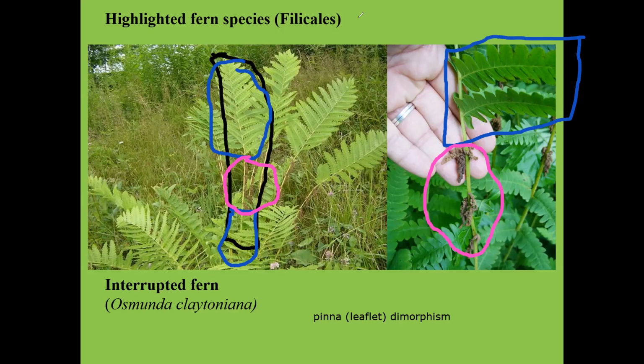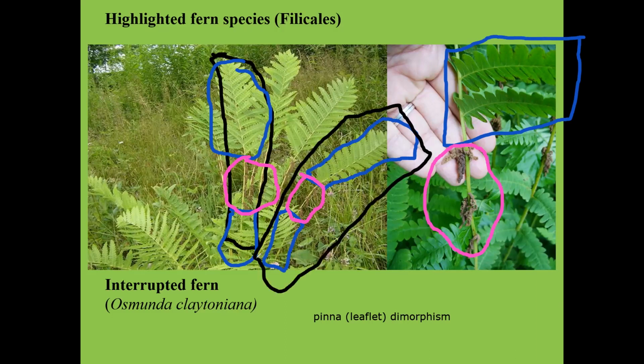See, I can draw it again on this one here, right? Green section down here, green section up here, and then the fertile pinna interrupting that leaf. Remember, this whole thing is one leaf, right?